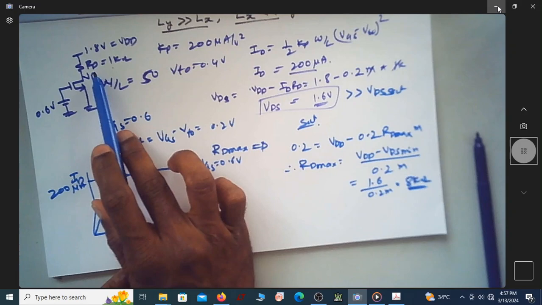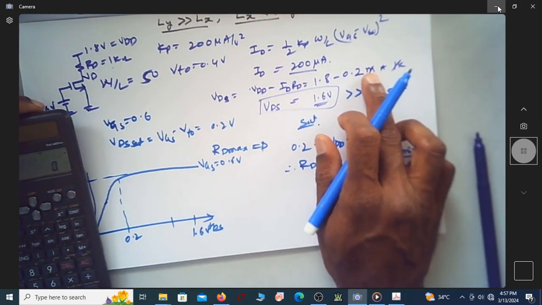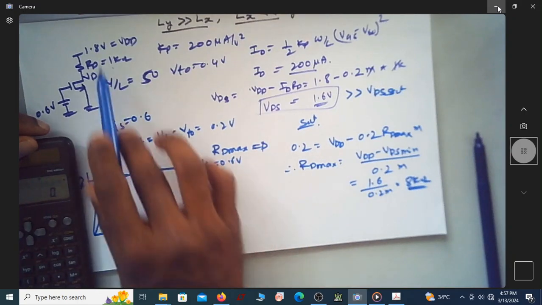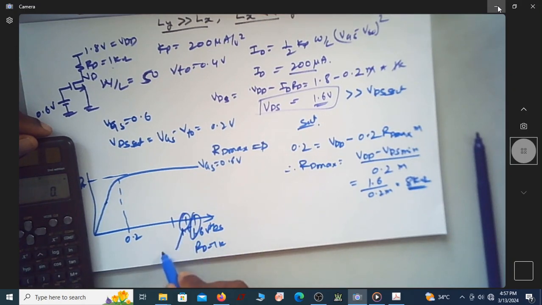If RD is equal to 1.5K, then how much will this be? 1.5K is actually 0.3 drop, so it will be 1.5. This is for RD equal to 1K, and this is for RD equal to 1.5K.